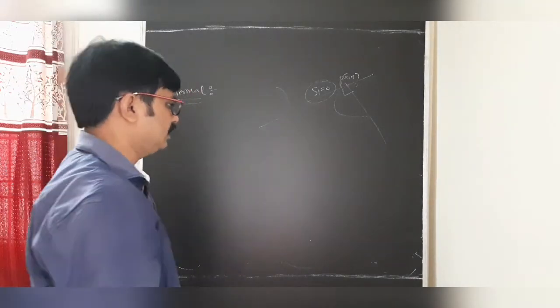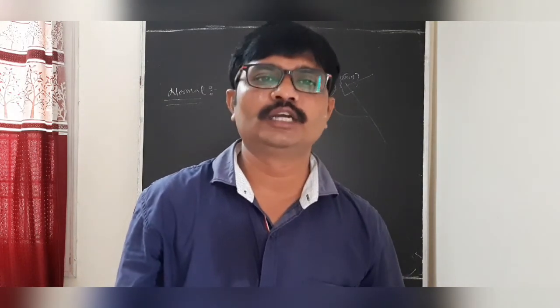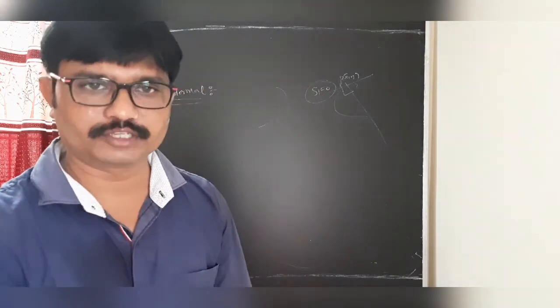We know that students, in the ellipse, the equation of the normal at x1, y1 is a square x by x1 minus b square y by y1 equal to a square minus b square.